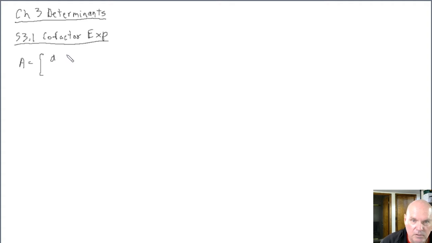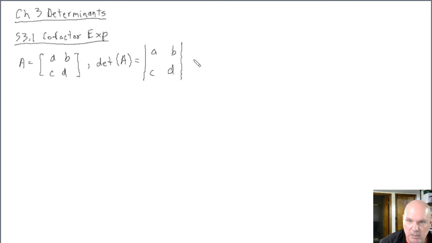So let's take matrix A with elements a, b, c, and d. For the determinant, we'll use this notation, the determinant of A. Or we'll show the matrix elements surrounded by absolute value bars, a, b, c, d. This is the other notation that's used to represent the determinant of a particular matrix.